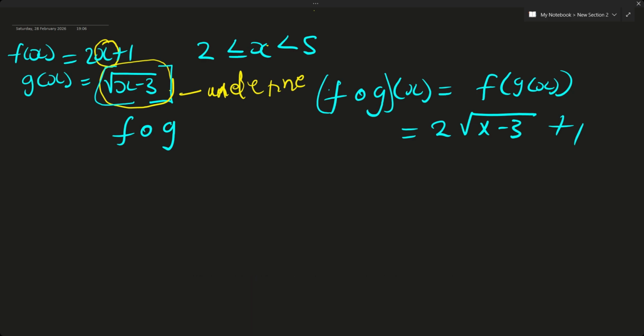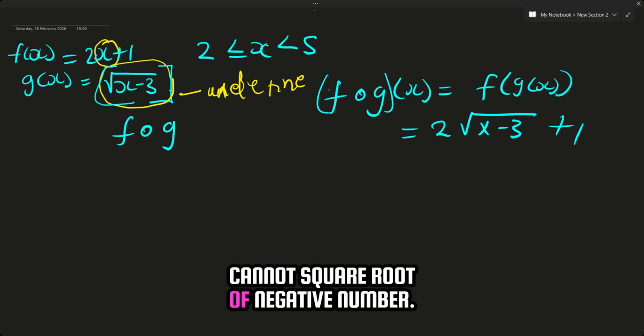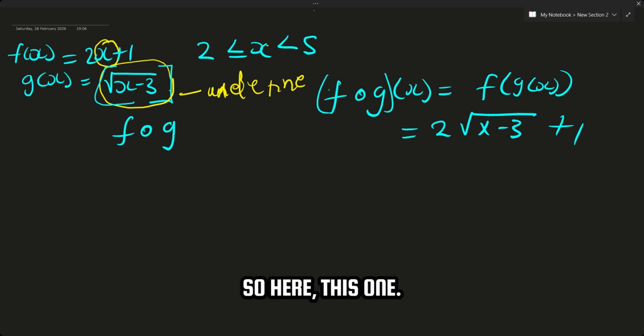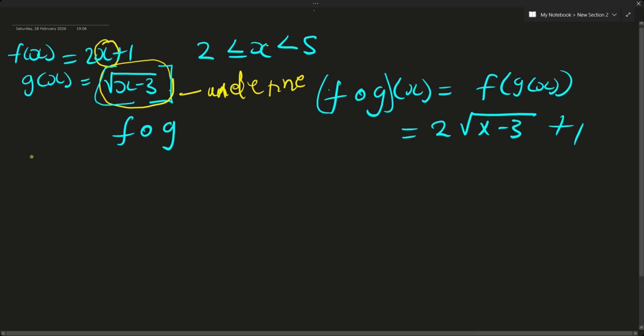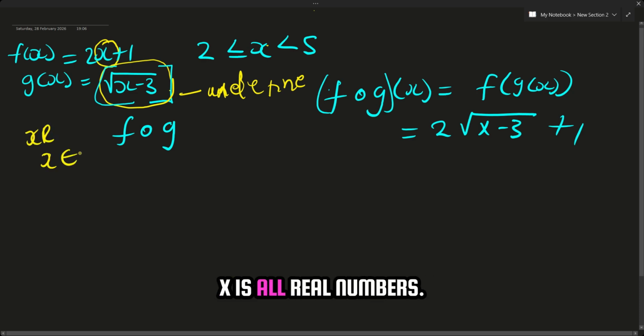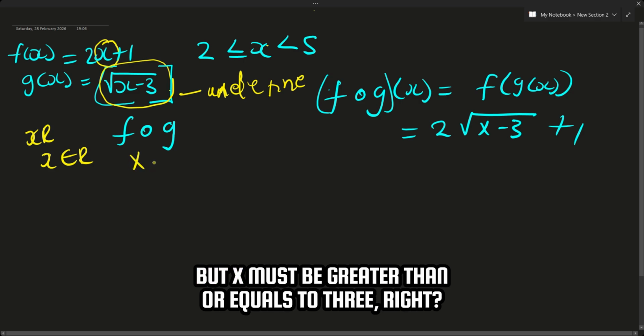Square root of 0 is 0. It would be undefined only for a negative number, right? So here, x is an element of the real numbers, but x must be greater than or equal to 3, right?